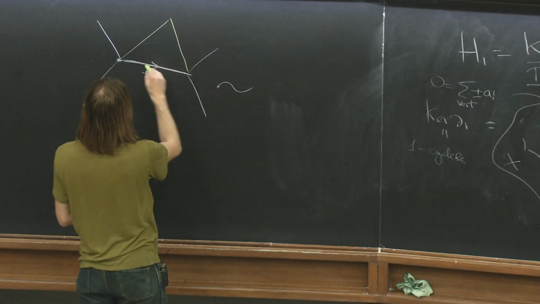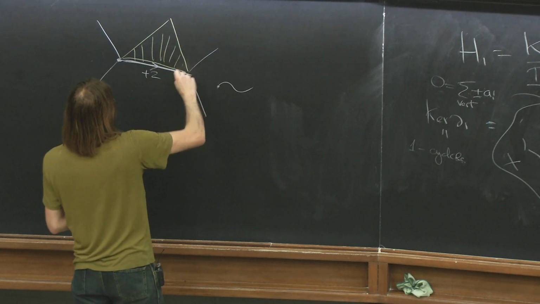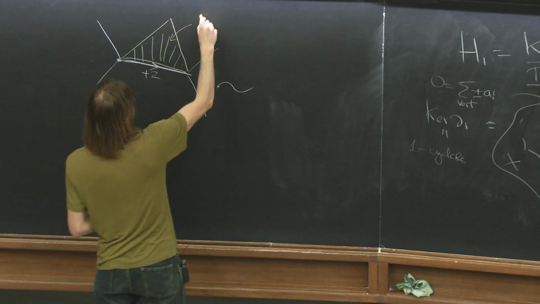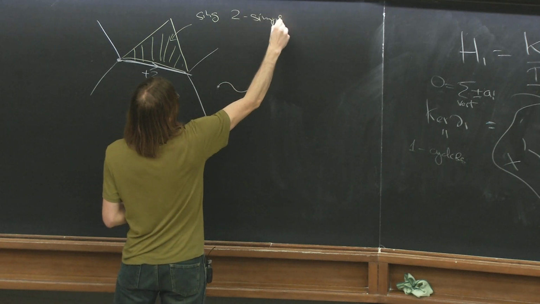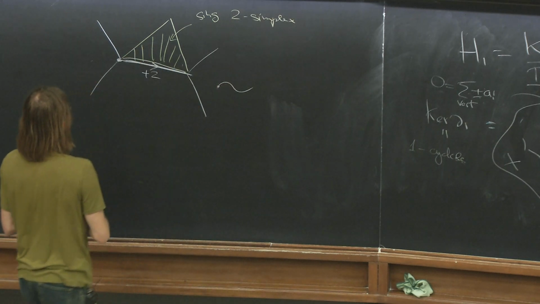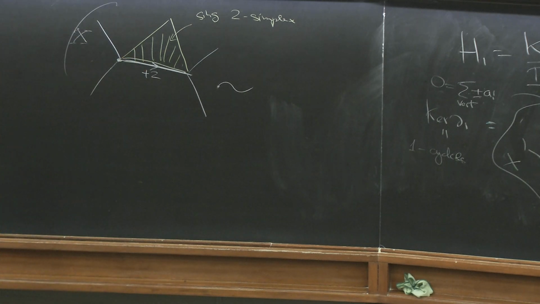And you can consider, and imagine that here we have a singular simplex. Again, this is what happens in X, and this is the image of the corresponding maps.